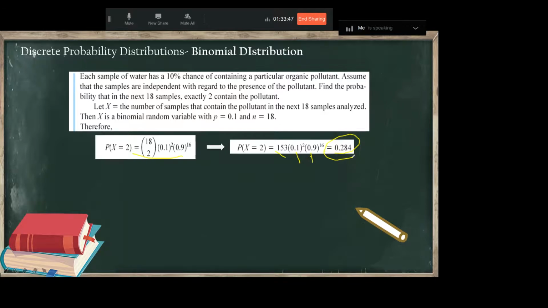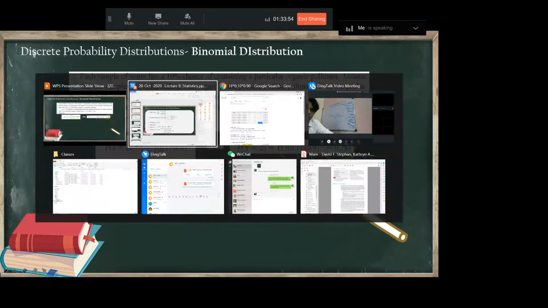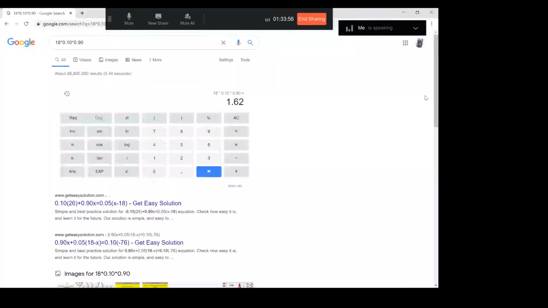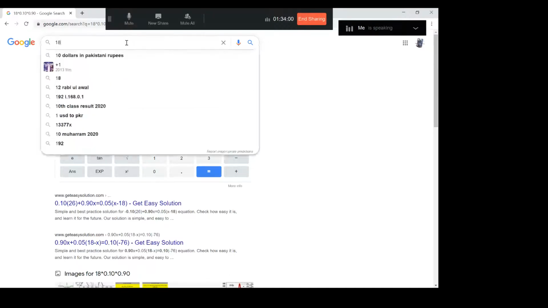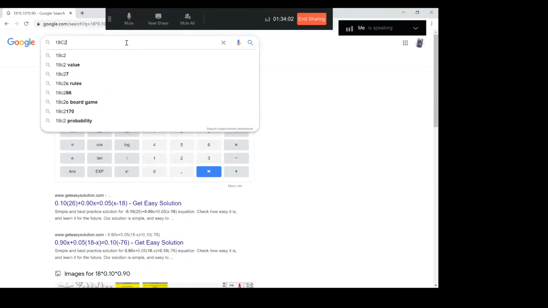Now how can you calculate this NCR? You can calculate it on calculators, and you can also calculate it on the internet. For example, 18C2 value.